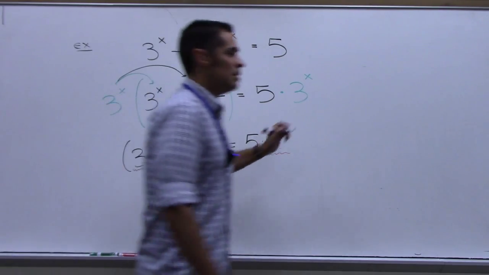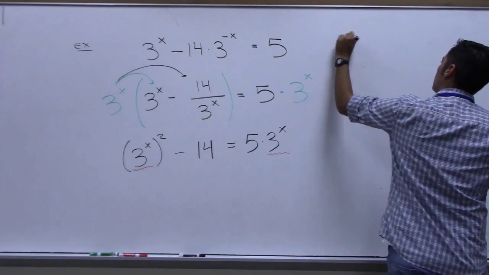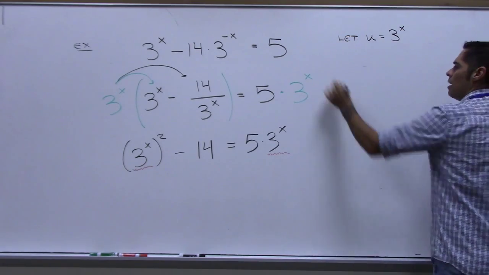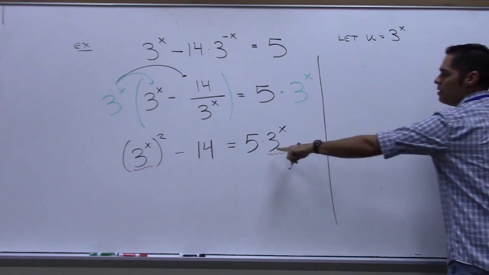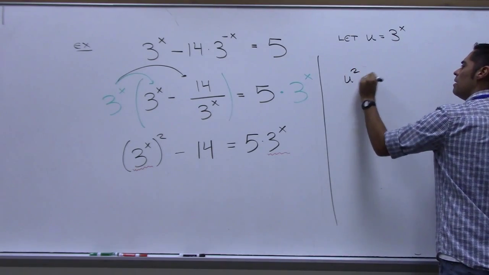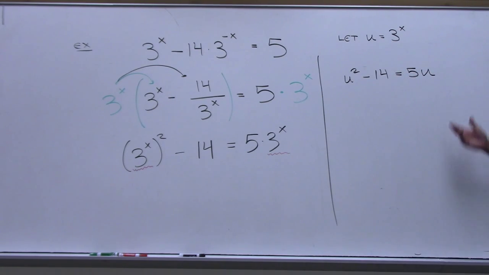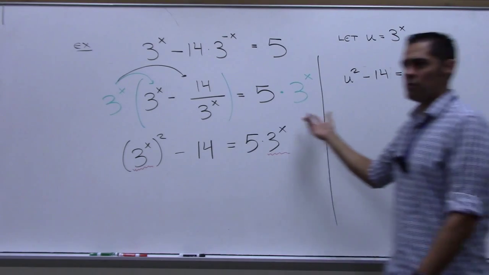I'm going to let u be equal to 3 to the x. And then I rewrite the problem as u squared minus 14 equals 5u. Do y'all have any questions on that part? I mean, that's like the most important part of the problem. Well, second most important. Clearing the fractions is the most important thing.